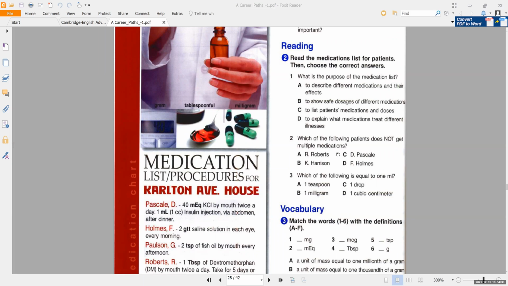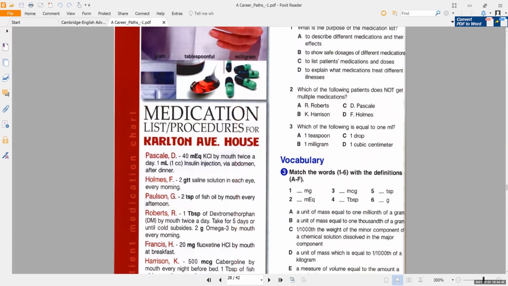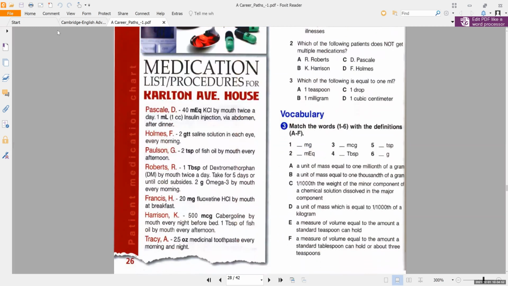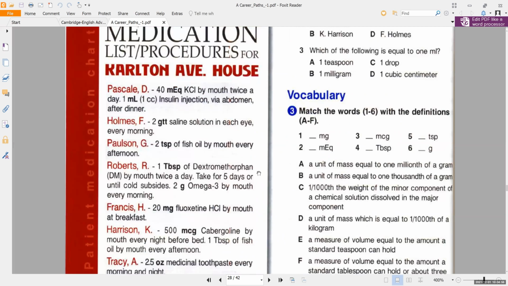Exercise 5, page 27. Medication list, procedures for Carlton Avenue House. Patient medication chart. Pascal D. 40 milliequivalent KCl by mouth twice a day. 1 milliliter, 1 cc insulin injection via abdomen after dinner. Holmes F. 2 drops saline solution in each eye every morning. Paulson G. 2 teaspoons of fish oil by mouth every afternoon.